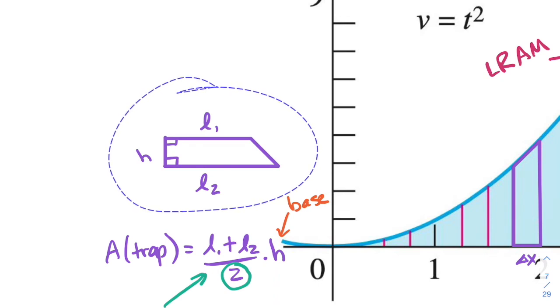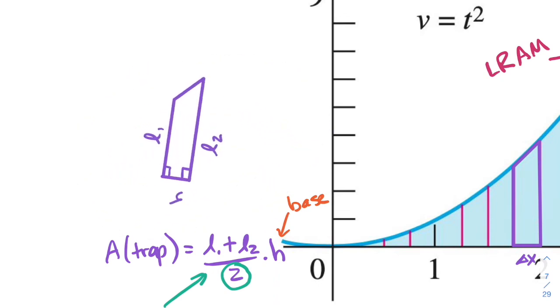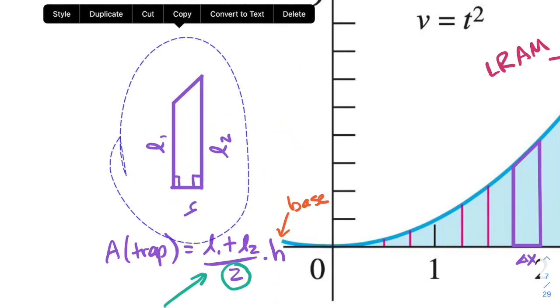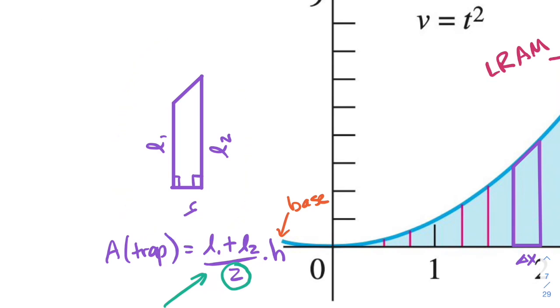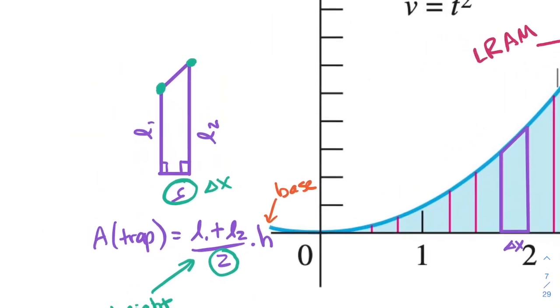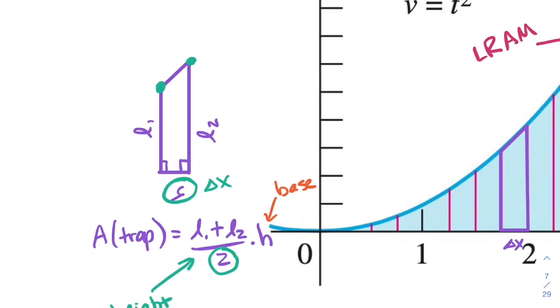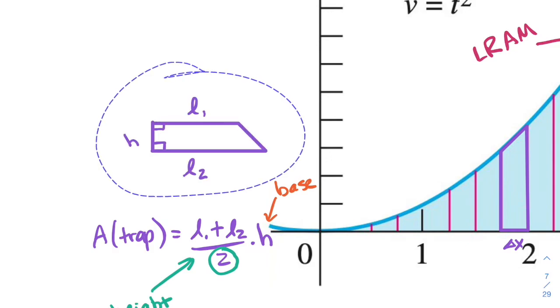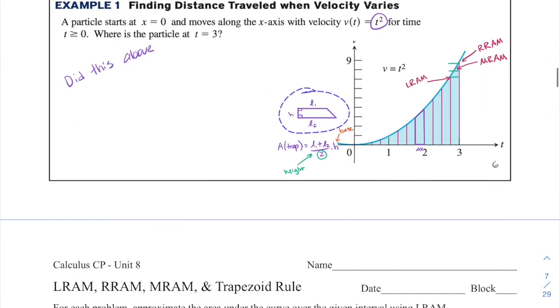For this example, L1 is my LRAM, so the L1 is the left-hand side. L2 is my right-hand side. The height is determined by delta x, right? So it's always the height is really the width now. So that's your base times your height, and I'm just averaging my heights, okay? So I'm going to put this back the way it was, and that's it.